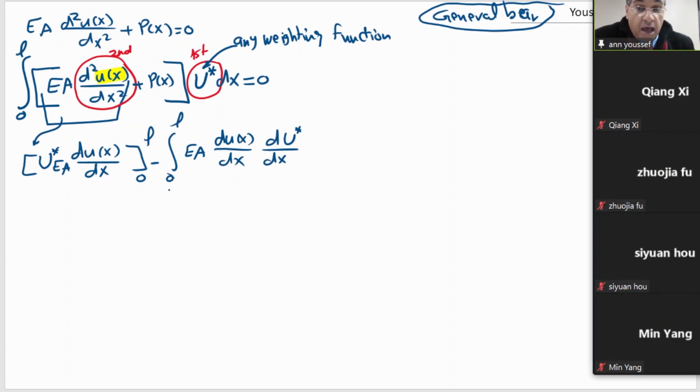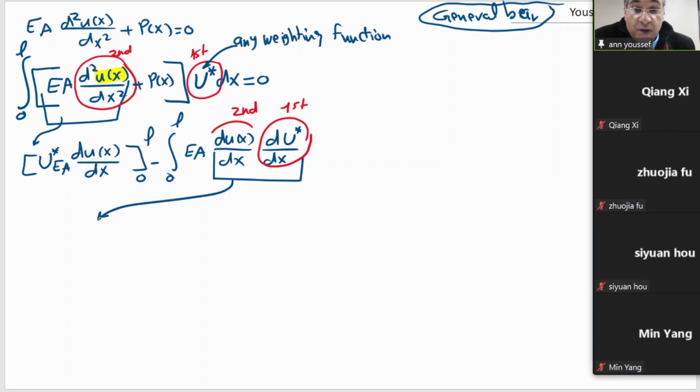Again, I'm going to take this term only. I'm going to use this function as the first function and this one as the second function. I'm going to do it again because I want to remove all derivatives from u.